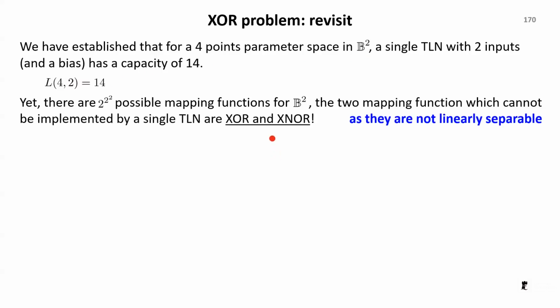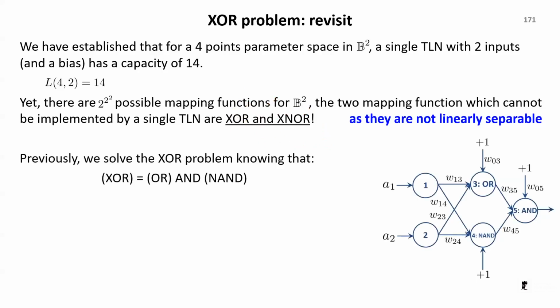We already see XOR is nonlinear, and the other function is XNOR. Those two are not linearly separable. We have touched a little bit that XOR can be solved by a combination of OR and NAND, and then combined at the end using an AND operator.